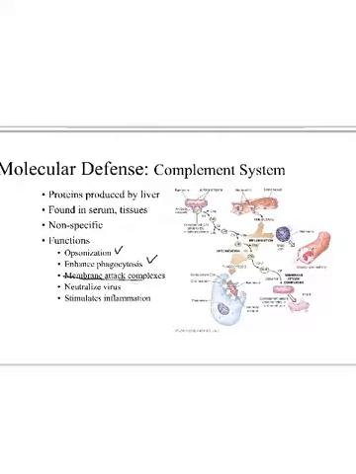They create membrane attack complexes, which means we're going to put holes in the membrane of the pathogen, and then the pathogen will lyse. They can also neutralize a virus, binding to the virus so it can't infect or replicate. And it also stimulates inflammation, stimulating the mast cells to release histamine. So there's a lot going on, and all of these little things are different proteins that are involved in it.